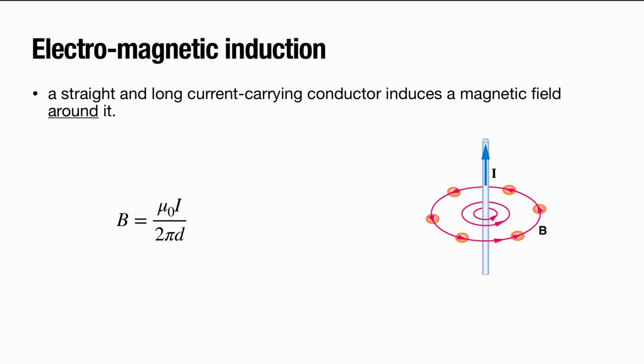But you will notice that the magnetic field is smaller the further you are away from the wire, and it is larger the closer you are. In other words, the larger the distance d is, the smaller the magnetic field that's going to carry the electrical energy.